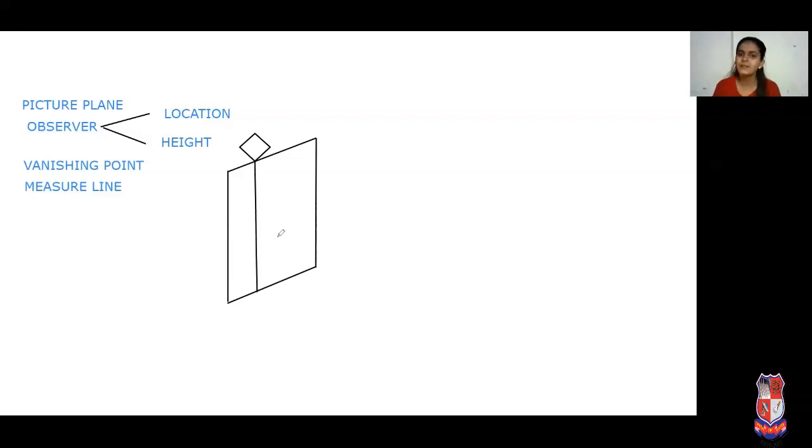It's a vertical line drawn from the point where our object is going to touch the picture plane. That is known as measure line, and we can show the actual dimensions on the measure line.